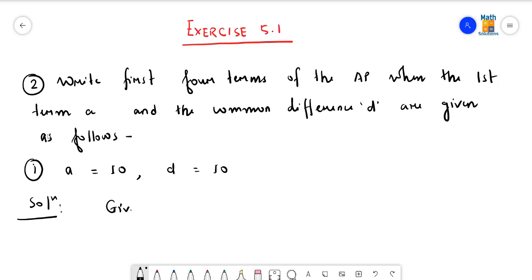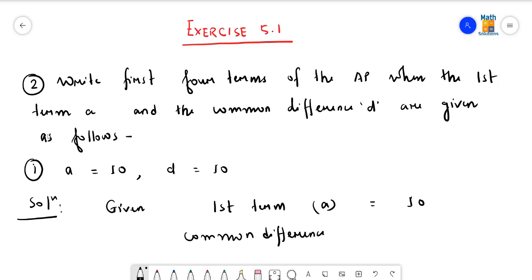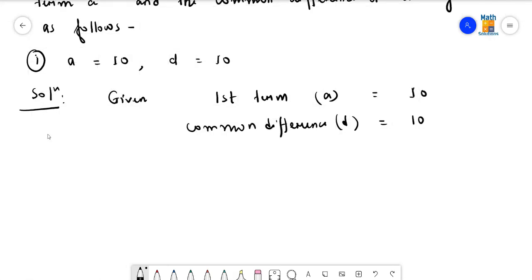Given first term A is equal to 10, and the common difference D is given to be 10. Therefore we have to find out the first 4 terms, out of which one term we already have. The very first term we already got.